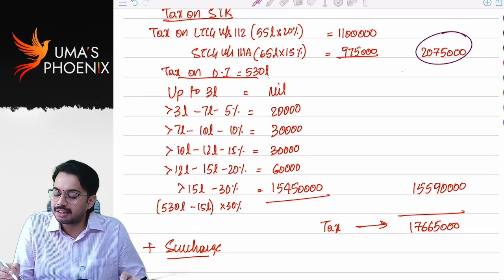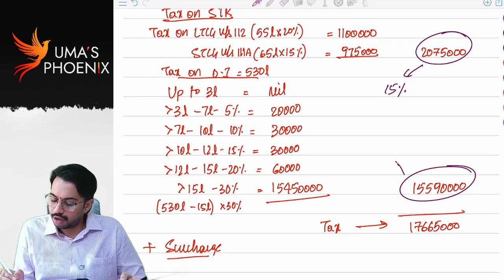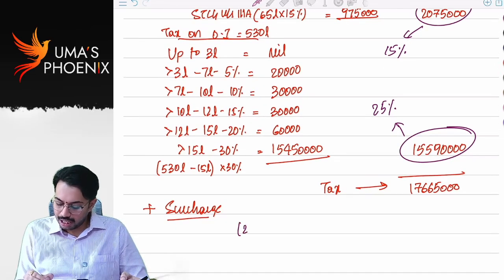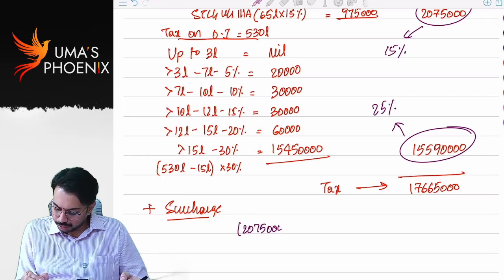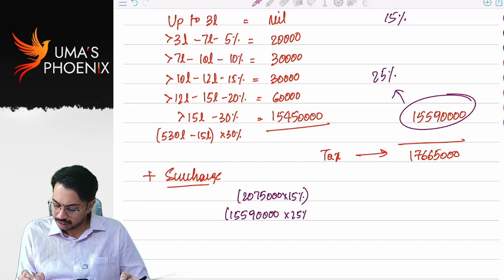So on 20,75,000, we will apply 15% surcharge rate. On 1 crore 55 lakh 90,000, we will apply 25% surcharge rate. So surcharge: 20 lakh 75,000 into 15%, 1 crore 55 lakh 90,000 into 25%.